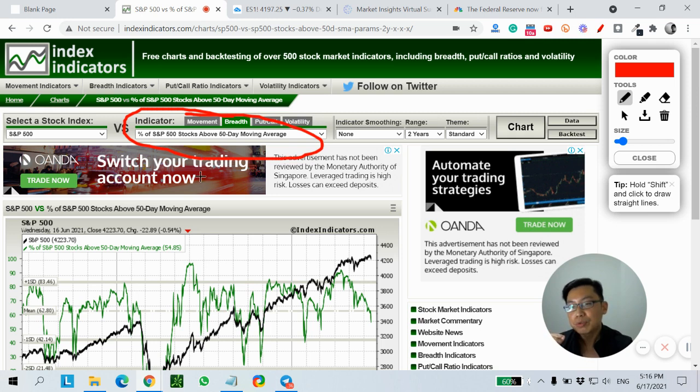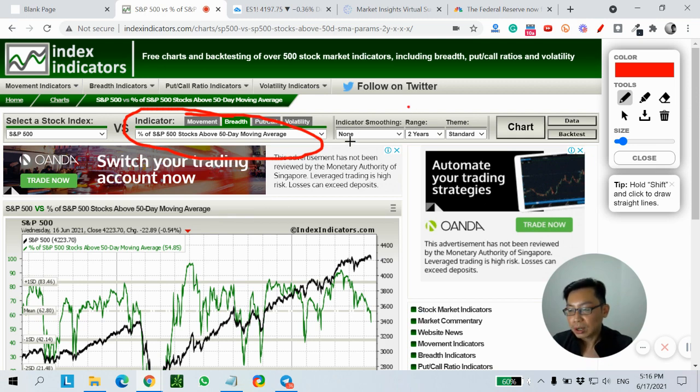The 50 days moving average is an indicator that a lot of investors or traders see on their chart. Typically, when price is above the 50-day MA, it is deemed as an uptrend and overall health, meaning the index or the stocks are still in a healthy uptrend. When price is below the 50 days moving average, there's some cause for concern that it is in a short to mid-term downtrend.